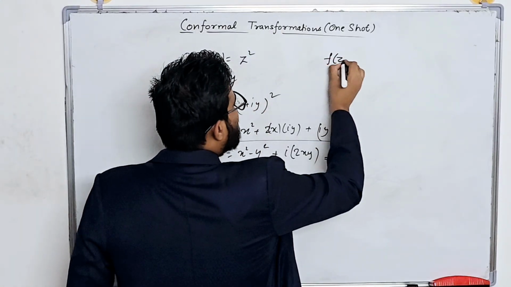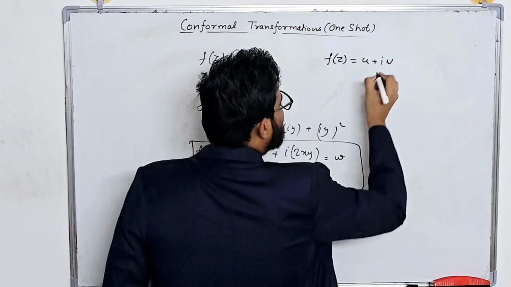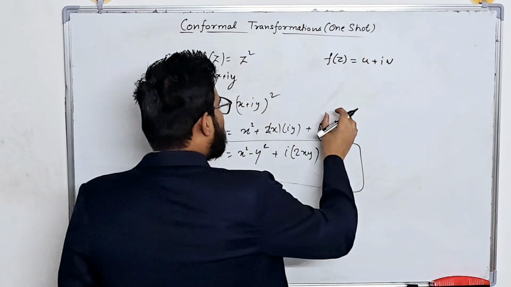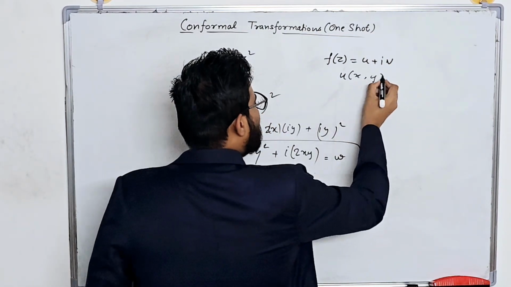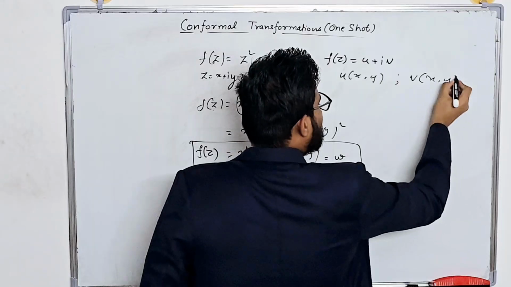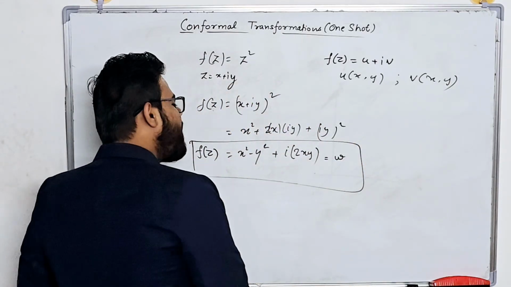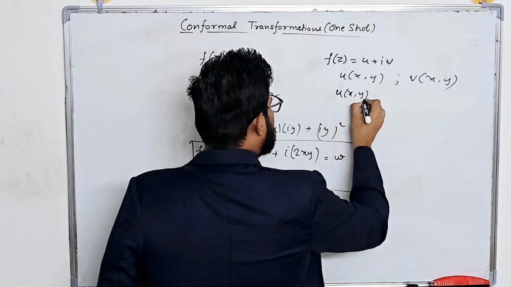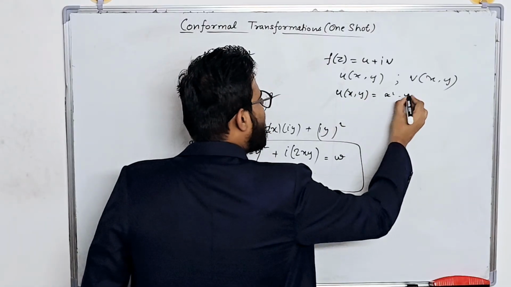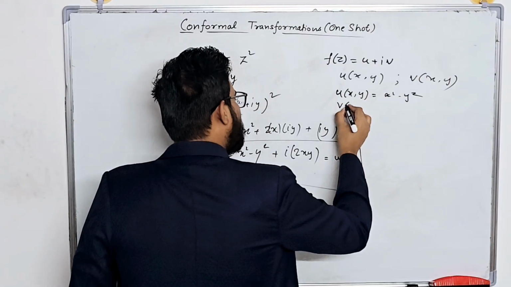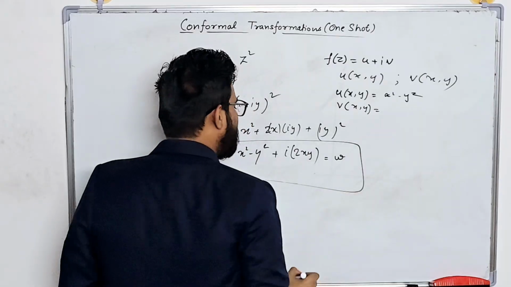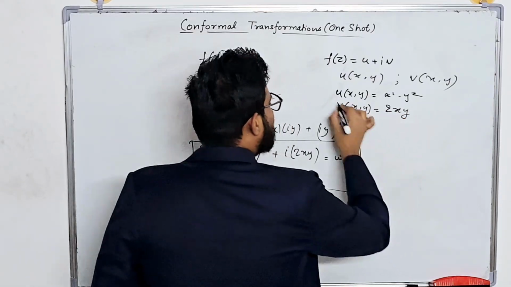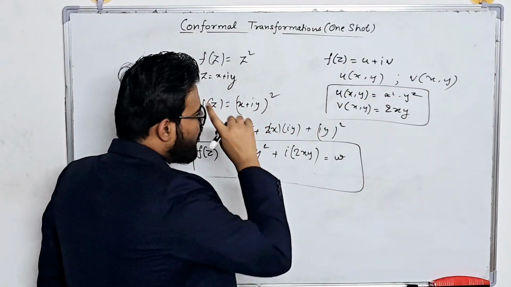Now we all know that a complex function is equal to u + iv, where u is a function of x and y and v is also a function of x and y. Hence we can equate this expression to this. So we have u(x, y) = x² − y², and v(x, y) = 2xy.